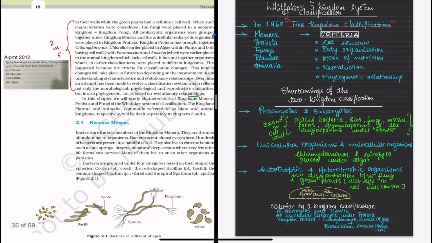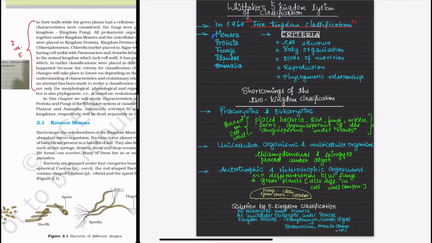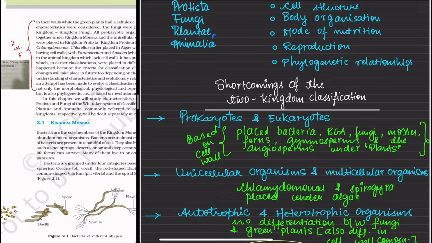So this two kingdom system proposed by Linnaeus posed shortcomings, because it did not include everything that Whittaker had intended to. It only included the presence of cell wall or the absence of cell wall.